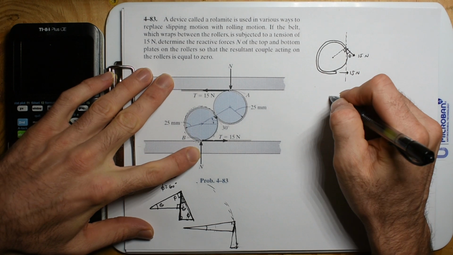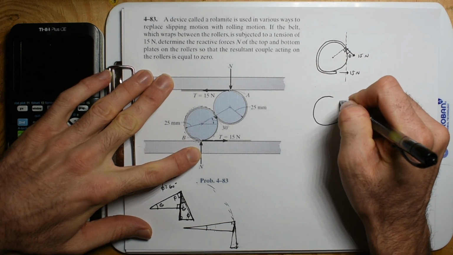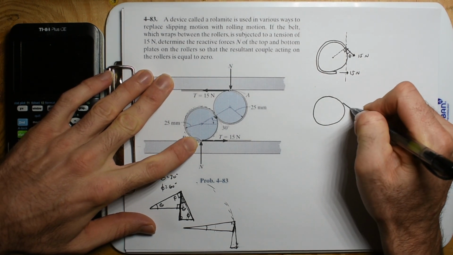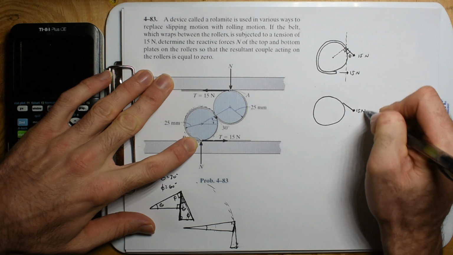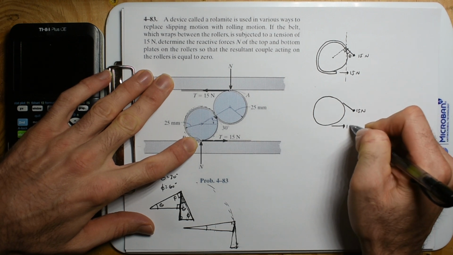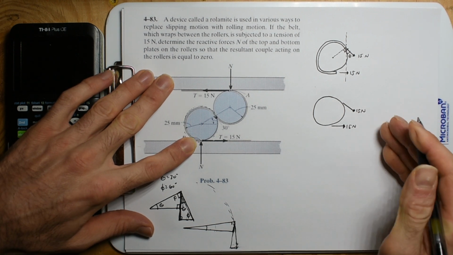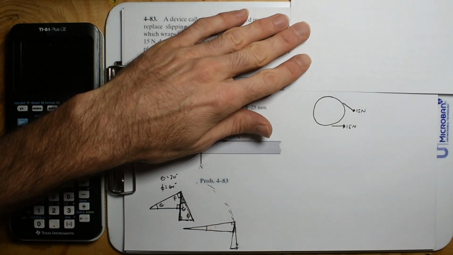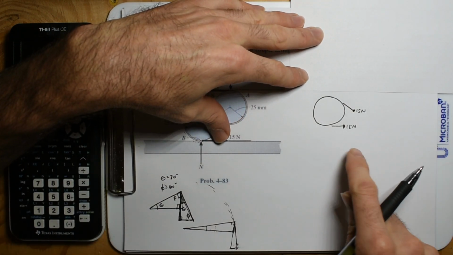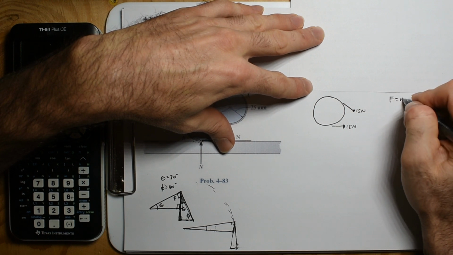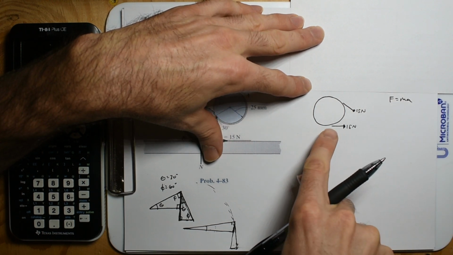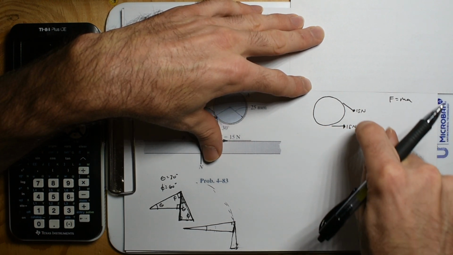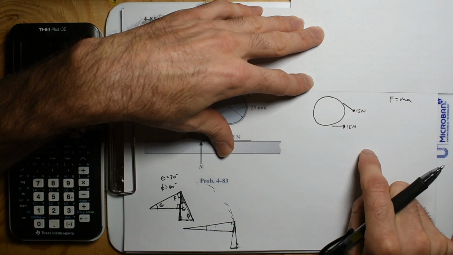So now let's draw the drum, and we know that the rope is attached to it, and we know that we have a 15 newton force this direction and a 15 newton force that direction. Let's go back to just the idea that this thing is in outer space, and well, F equals ma. This says that this thing should be traveling that way, and then actually that way.